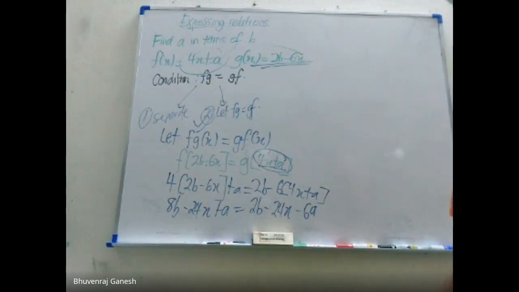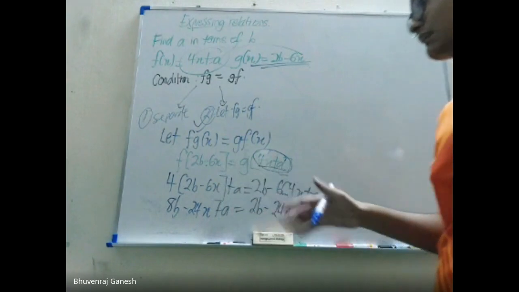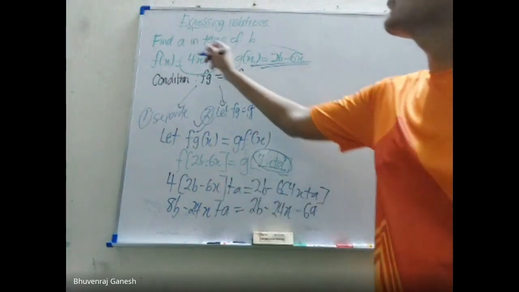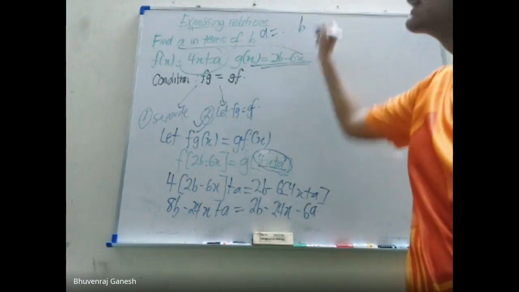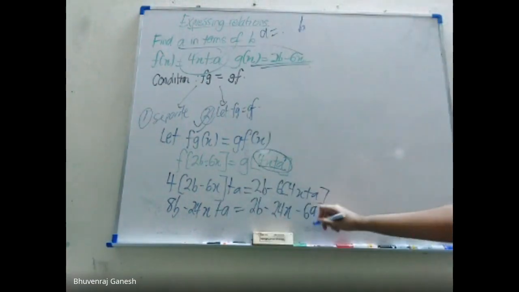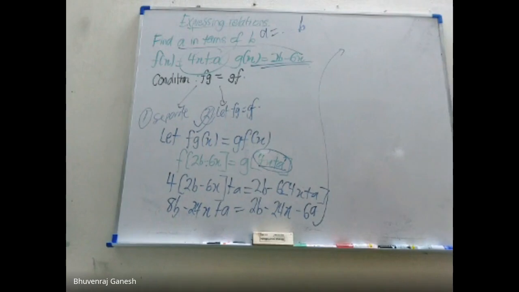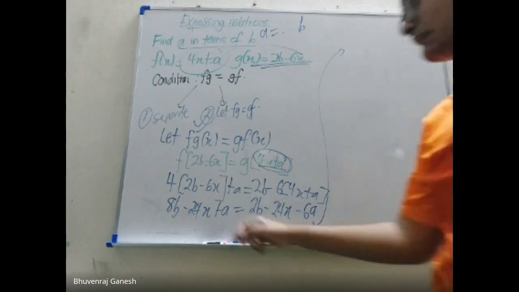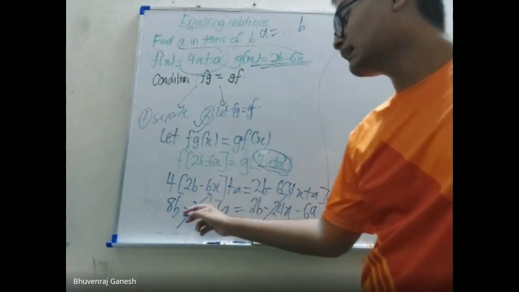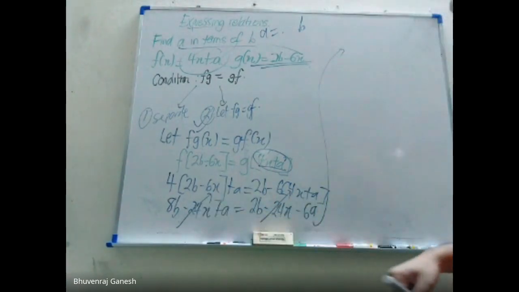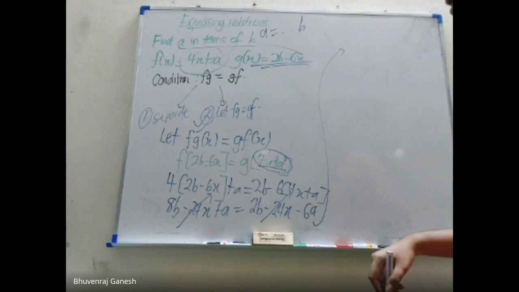So you can see a pattern happening here in the question. So what's the question? They ask express a in terms of b, means a equals something with b on the right hand side. So from here, how we're going to solve it is, we can cancel off this, because when you shift this to this side, negative 24 plus 24, you get 0. So I'm going to let a be on the left-hand side.